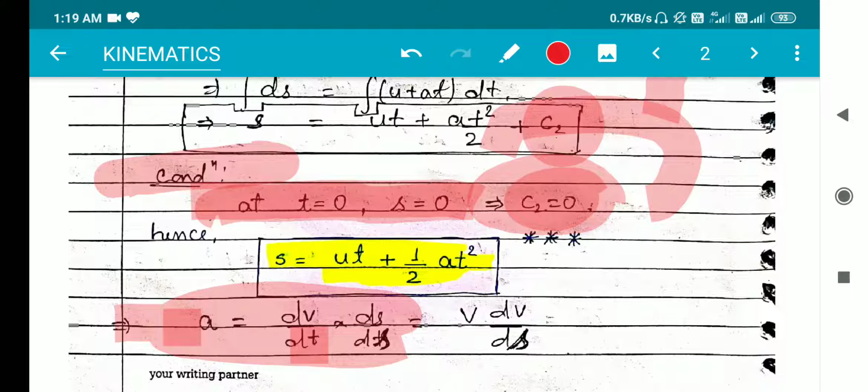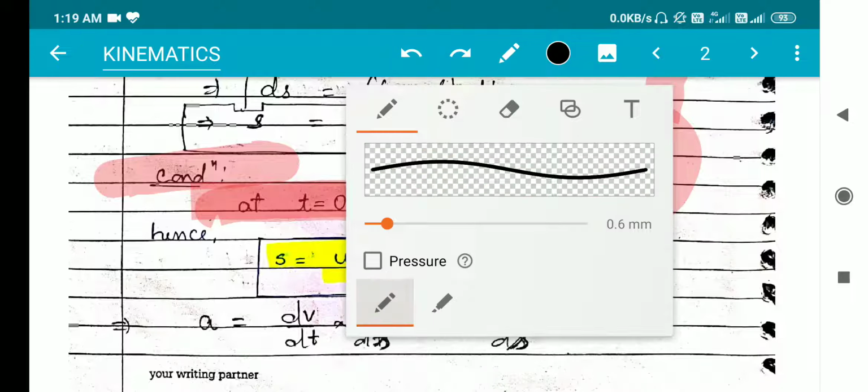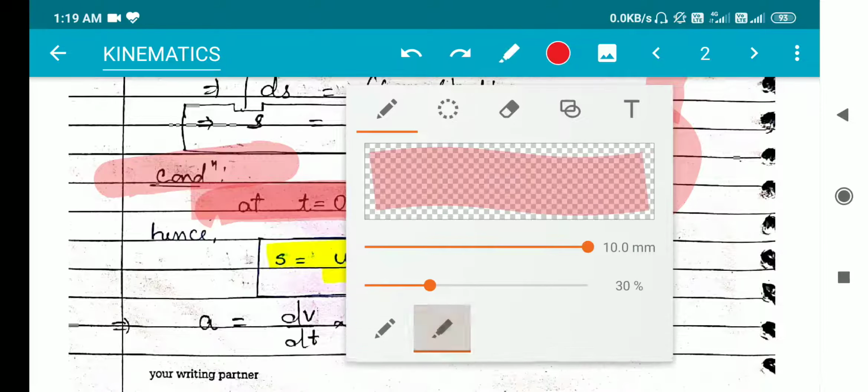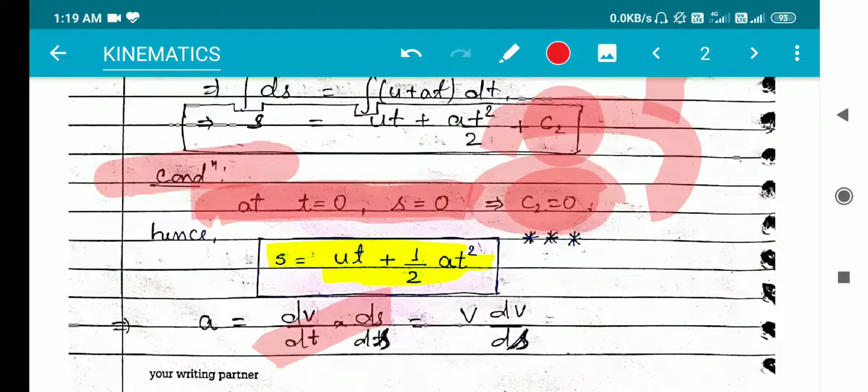You know better how it is done. ds by dt is equal to v, I mean the change in position with respect to time is velocity. So I have written v here, and the values of dv and ds as usual.